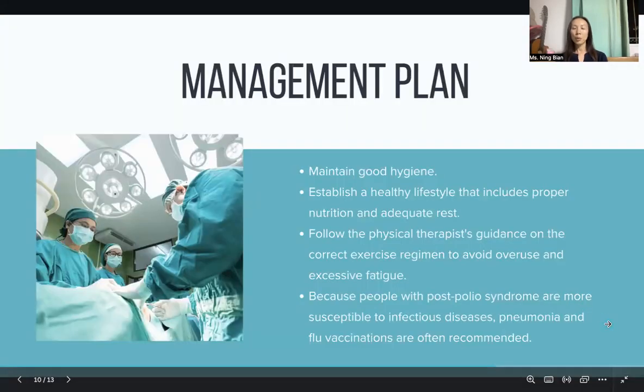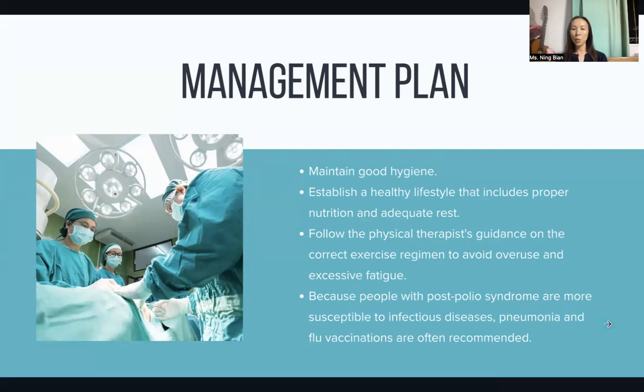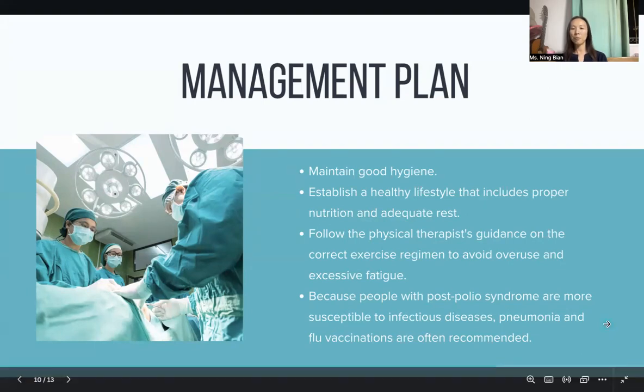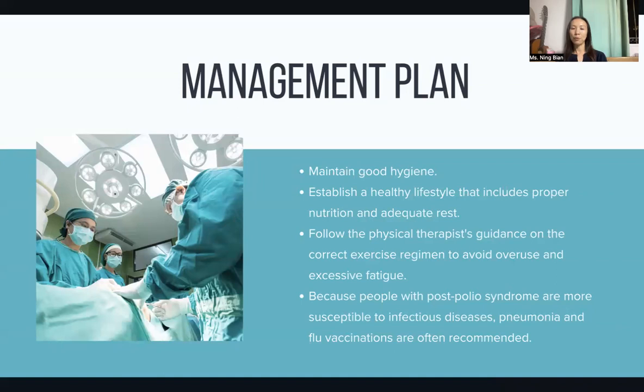Because people with post-polio syndrome are more susceptible to infectious diseases, pneumonia and flu vaccination are often recommended.